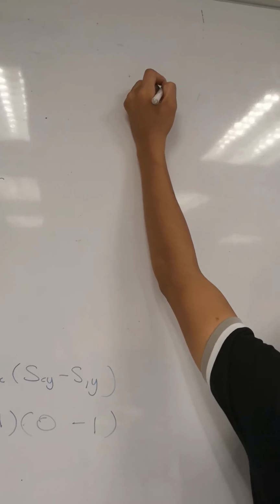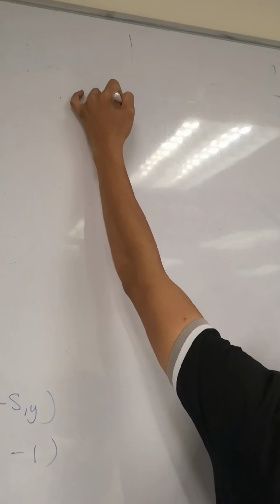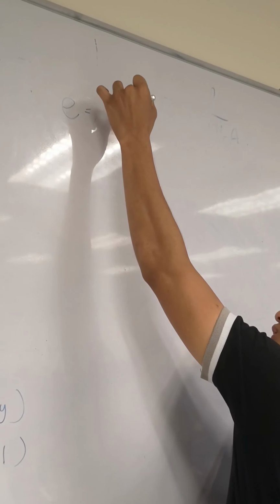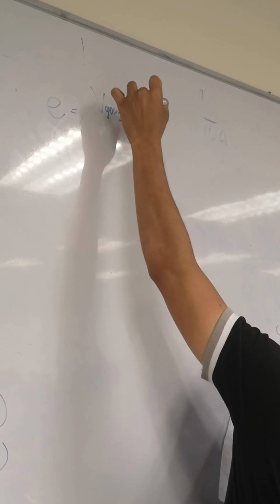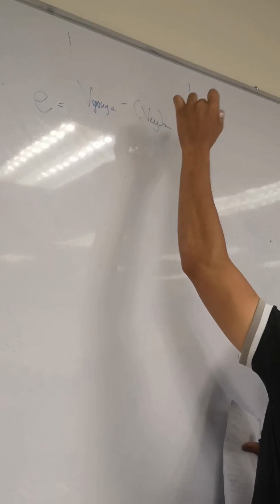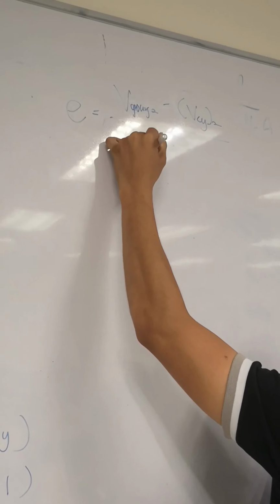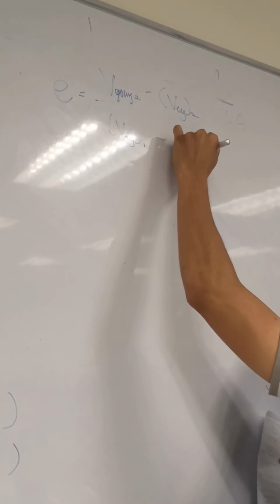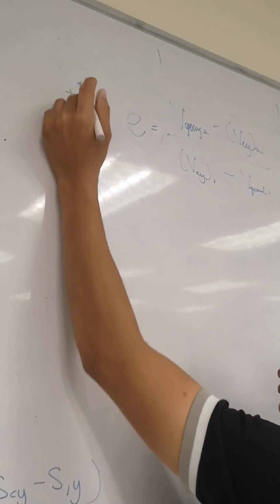Next, we use the formula of coefficient of restitution. V ground 2 minus VCY2 divided by VCY1 minus V ground 1, and we assume this upward positive.